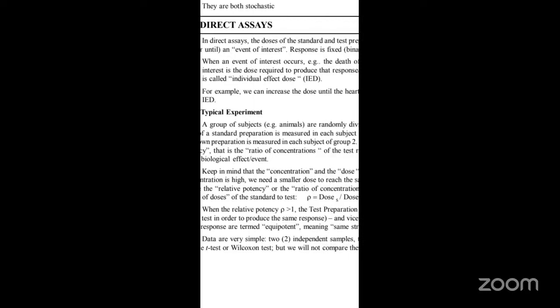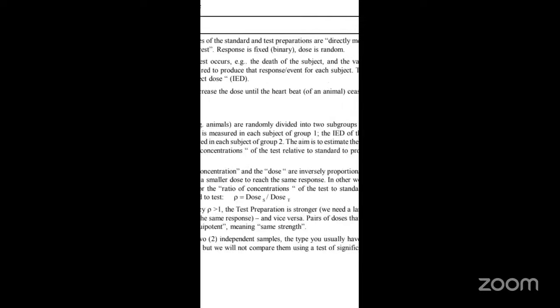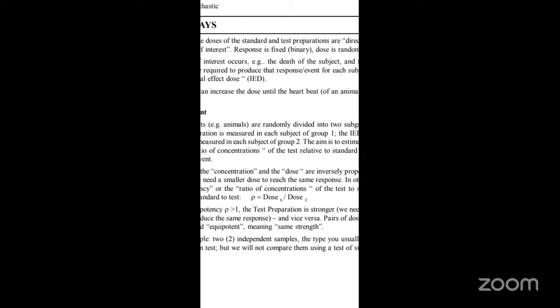When the relative potency is greater than 1, the test preparation is stronger. We know that the correlation coefficient lies between -1 and +1, so +1 means it is stronger. But here, if rho is greater than 1, the potency ratio value is greater than 1 and the test preparation is stronger.